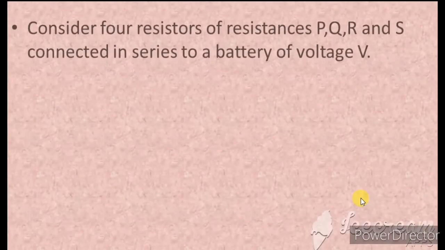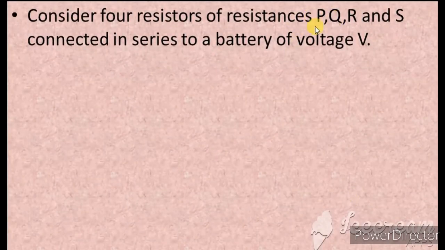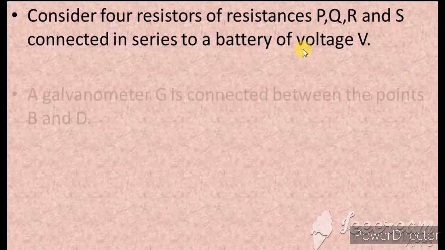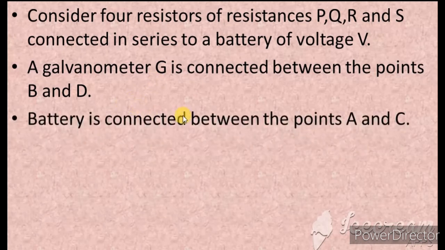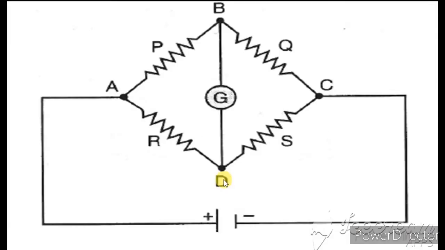Consider four resistances P, Q, R, S which are connected to a battery of voltage V. Next, galvanometer G is connected between the points B and D. The battery is connected between A and C. Let I be the current. So these are the terms which I told you. This is a simple diagram again.